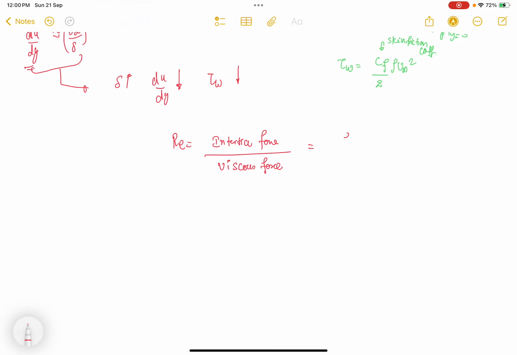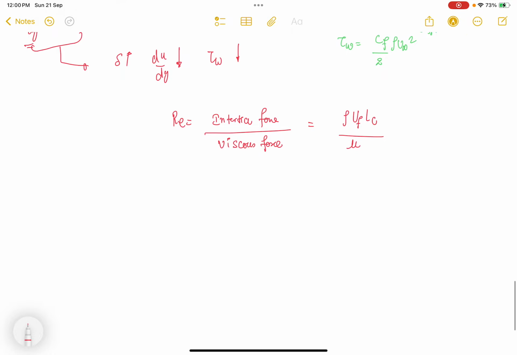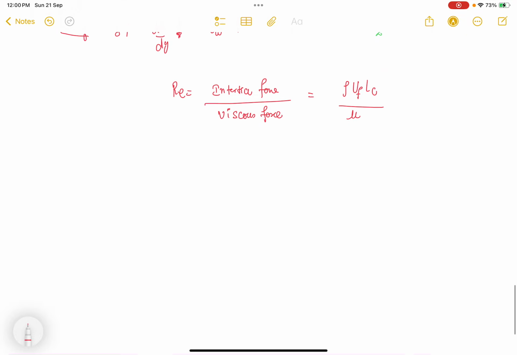We can find this from rho times the reference velocity of the fluid, times the characteristic length, divided by the viscosity of the fluid. Here, this U_F is the reference velocity, which is the undisturbed fluid velocity.